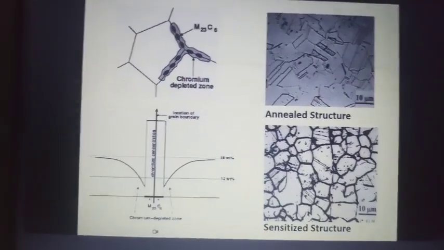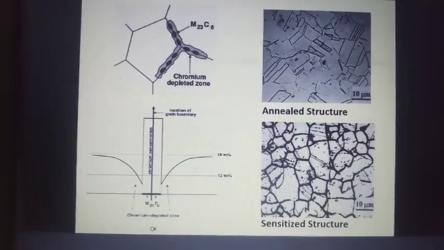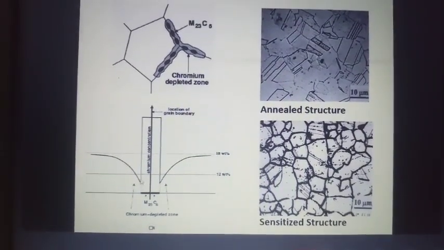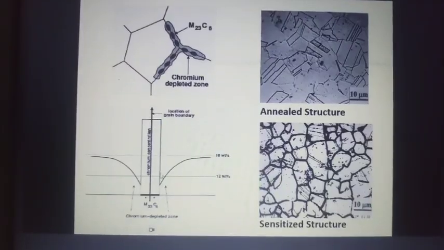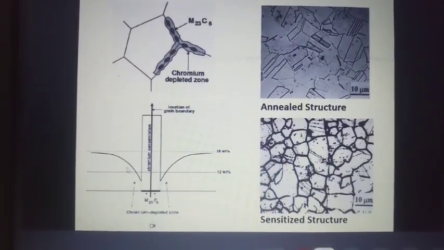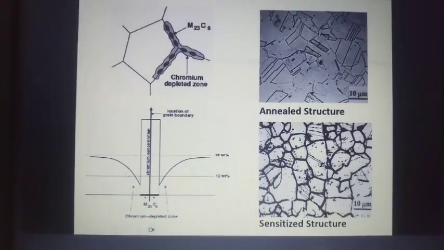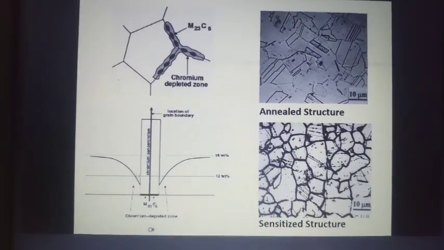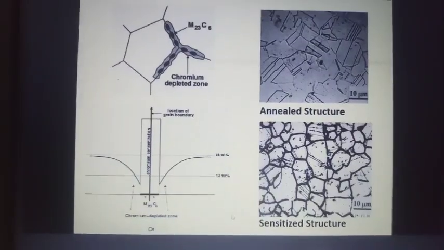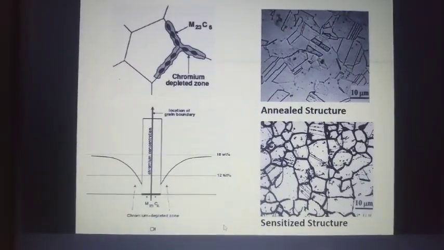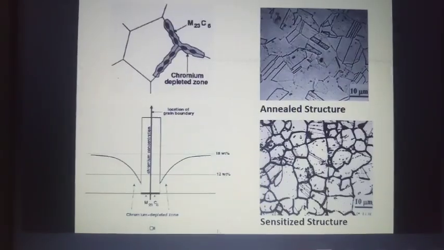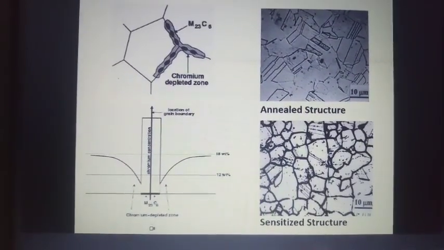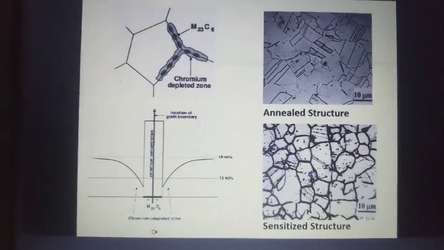I am just extrapolating from one grain boundary to show you that the chromium is rich in the grain boundary, but adjacent to the grain boundary, the chromium is depleted. All this chromium from this region has gone to this region. Chromium will deplete from the central region of the grain and go to the boundary, because it is attracted by the carbon to form chromium carbide.